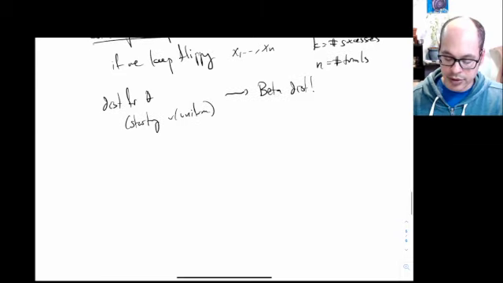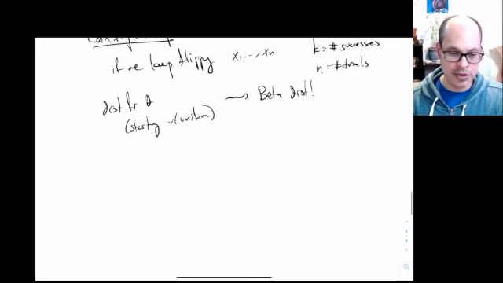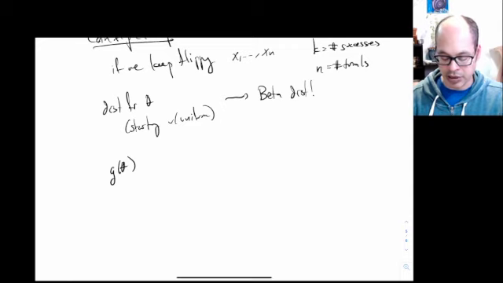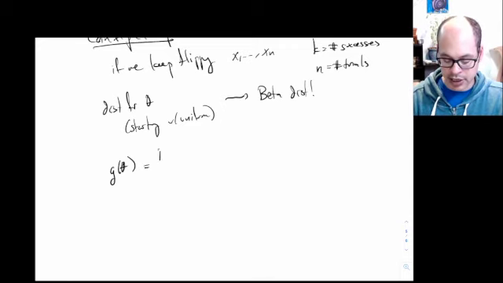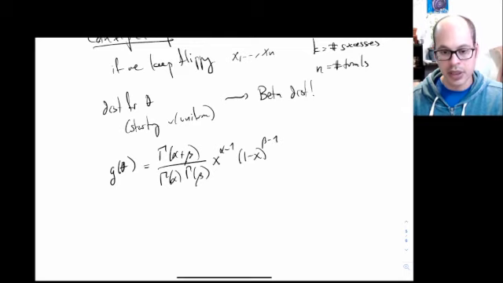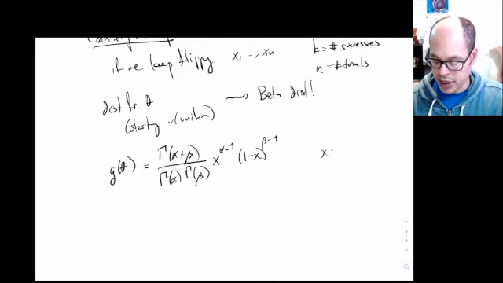Okay, so you can see this just a bit. So remember the beta distribution. To say that g of theta has a beta distribution is to say that it has the form gamma of alpha plus beta over gamma of alpha, gamma of beta, x to the alpha minus 1, 1 minus x to the beta minus 1. And of course, x is just from 0 to 1 for the beta distribution.